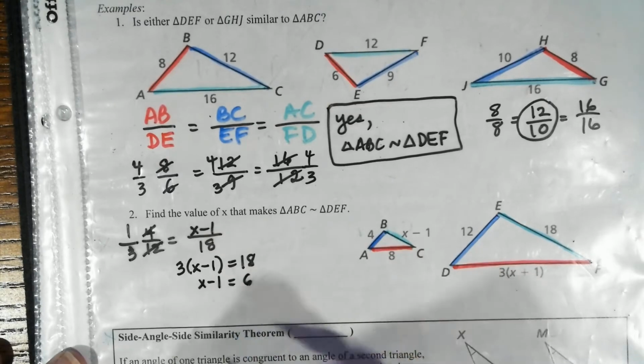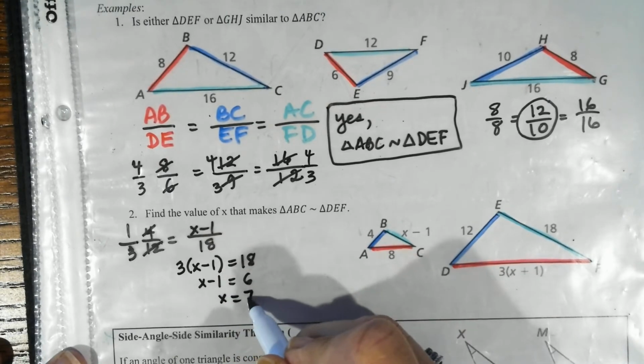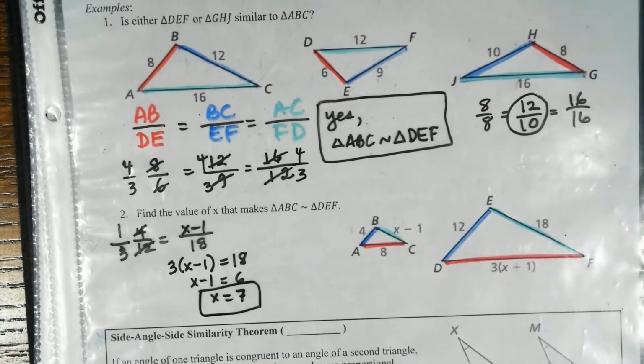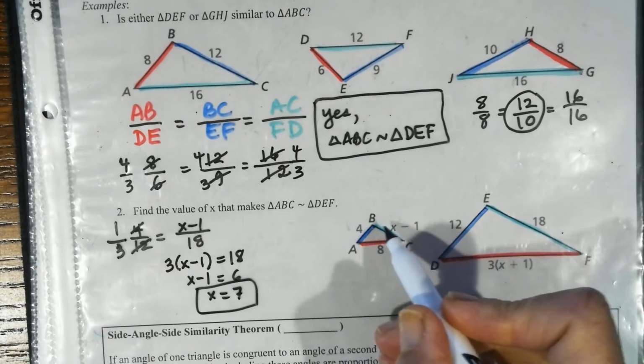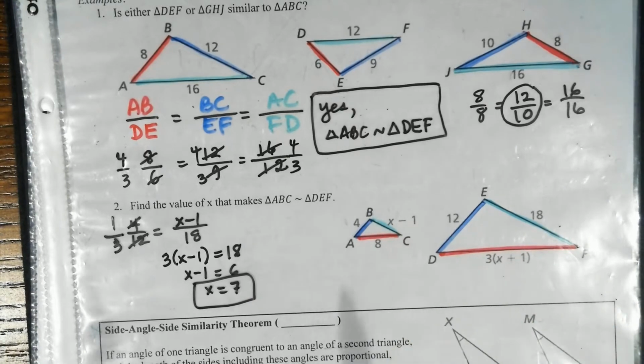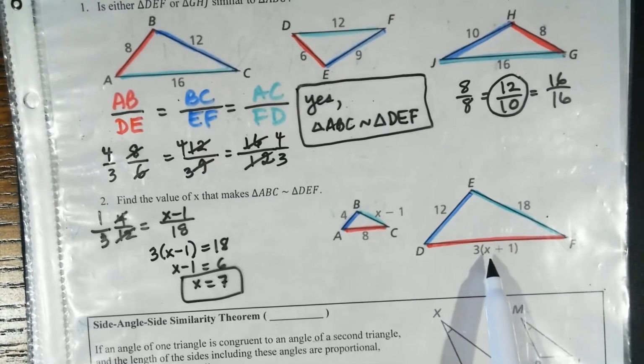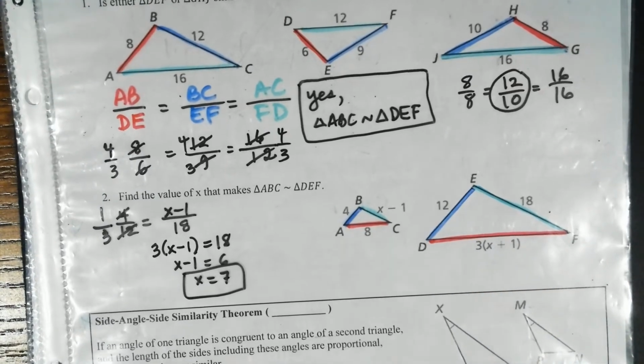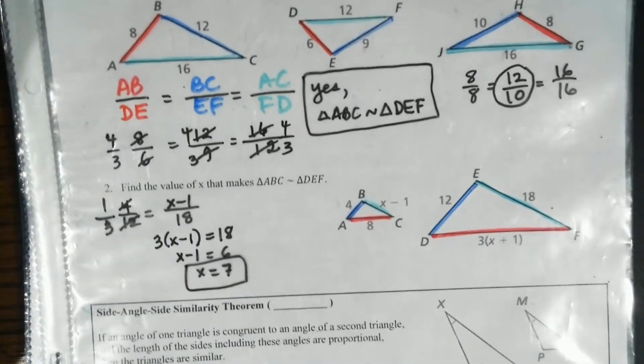I'm going to add 1 to both sides. So x is 7, and that's a reasonable number. That would make this 4, this 6, and this 8. 12, 18, yeah, that works. And I would just bet you $100 that if you use this in the proportion, you get the same answer for x. So I always just go for the easier one.